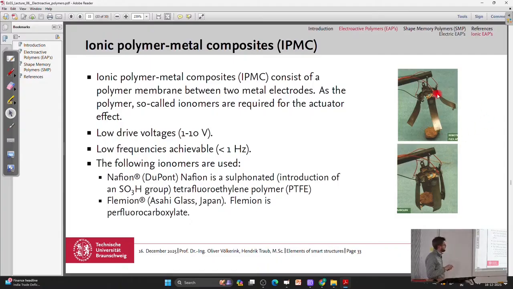I don't have a video for this, unfortunately, but it's the same like in the Viper example, but 3 times. We have low drive voltages from 1 to 10 volts. We can only achieve low frequencies, so it's more for a static use case. And we can use the following ionomers, the mentioned Nafion or Flemion, which is a material from Japan, perfluorocarboxylate.